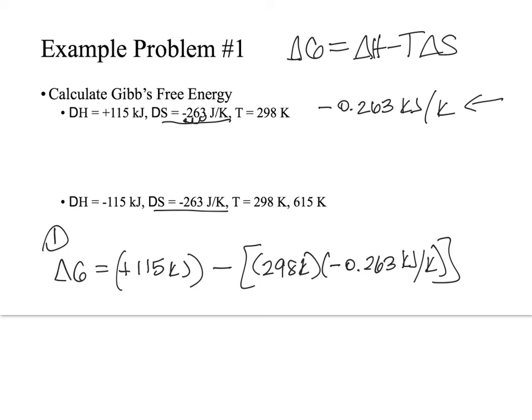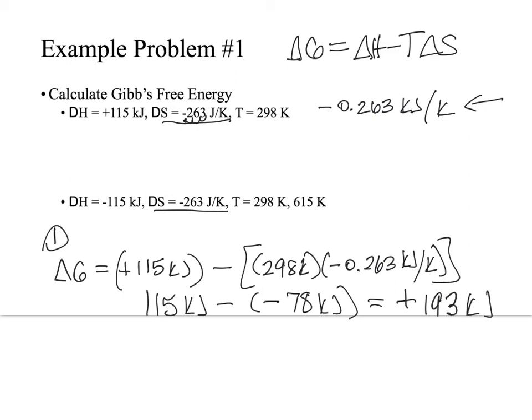298 times negative 0.263 equals, so that's a negative 78 kilojoules. So I've got 115 kilojoules minus a negative 78. And I'm getting positive 193 kilojoules.